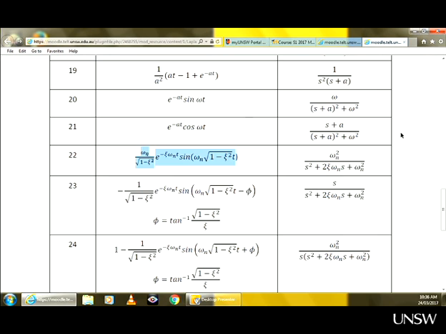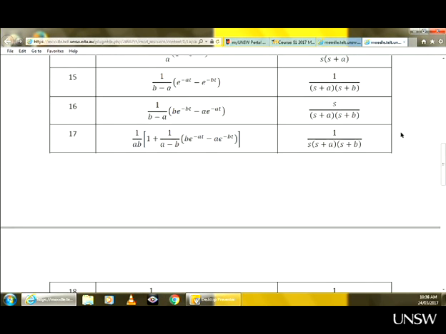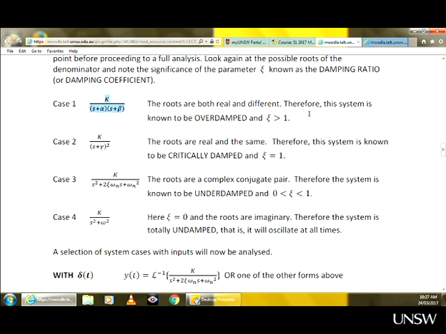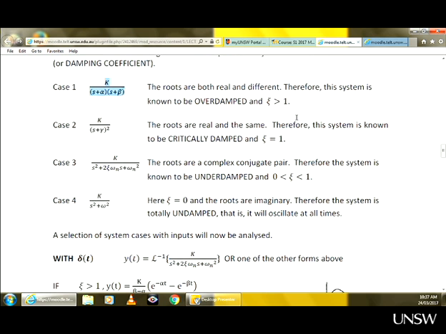That's where tables are still helpful. And that would be case 15. Okay, apart from k missing here. I don't think I should keep pointing that out. And it's not A and B, it's alpha and beta.